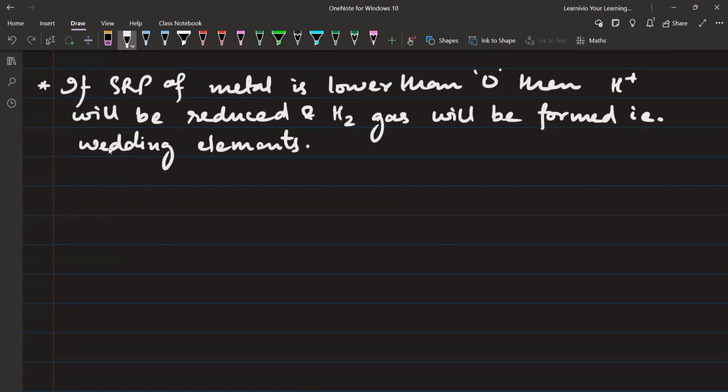This is the Nernst equation. What is the Nernst equation?